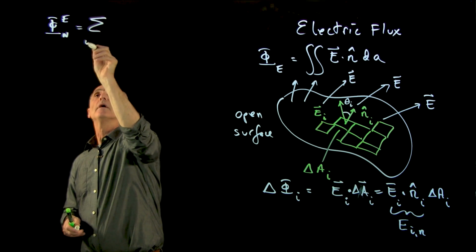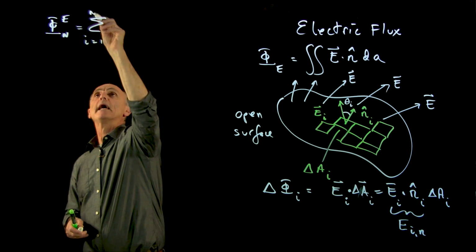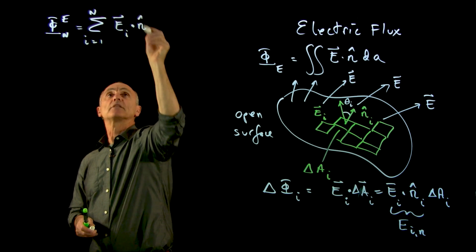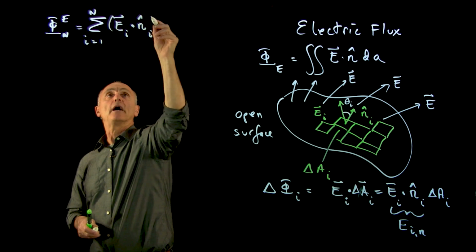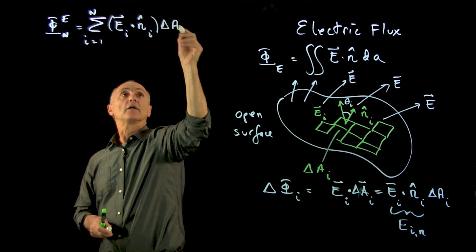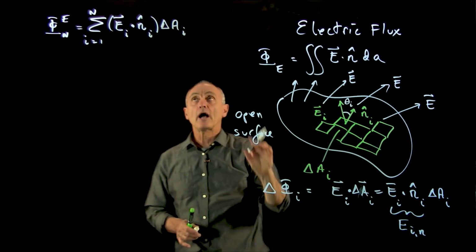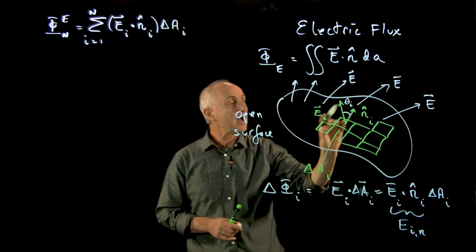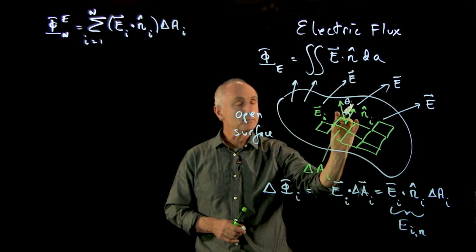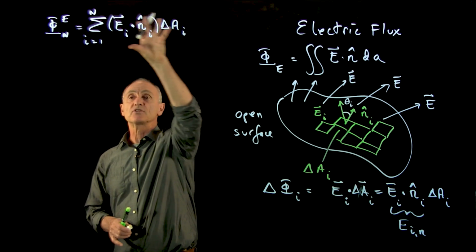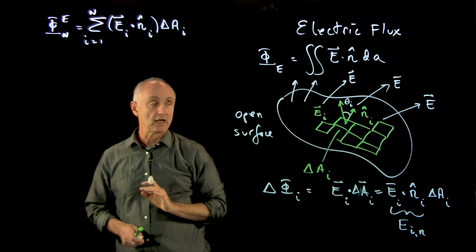It's the sum, i goes from 1 to n, of the electric field dotted with n_i, the unit normal on the ith patch, times delta A_i. Again, this is a measure of how much of the electric field is perpendicular to each patch times the area of the patch. And I'm just summing up all of these patches.